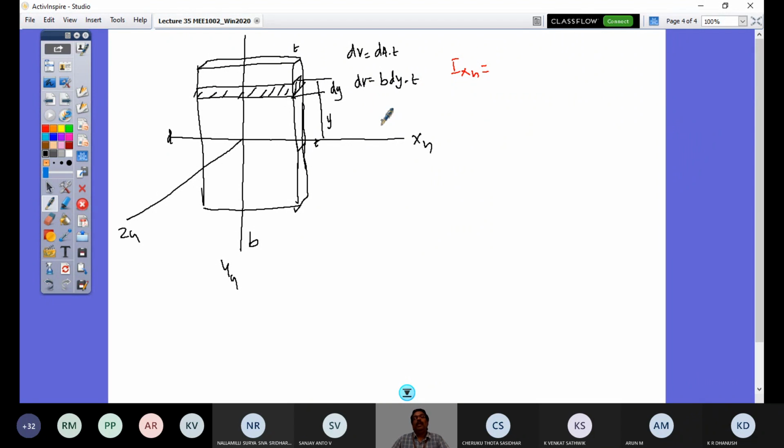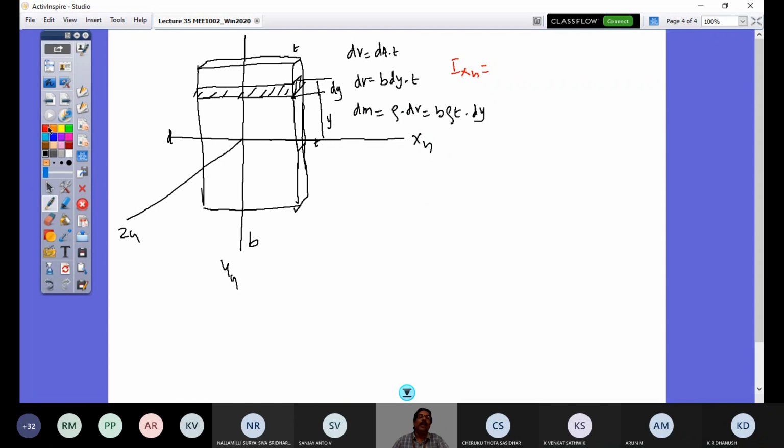The mass of this element, dm, can be expressed as rho times dV. So it is rho times B times t times dy. That is dm. So why do I require this dm?